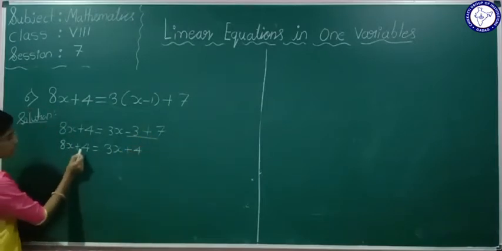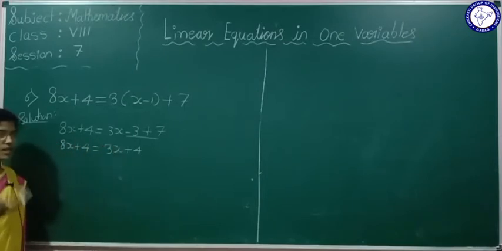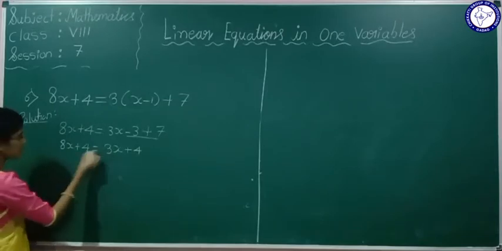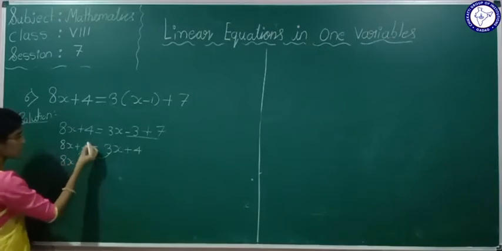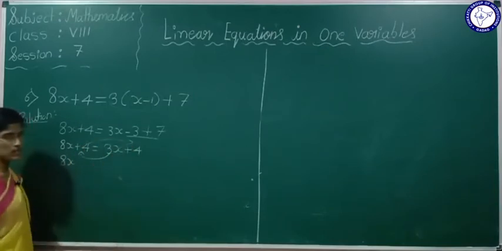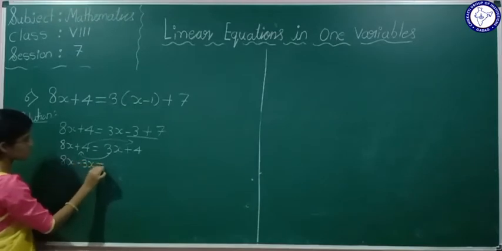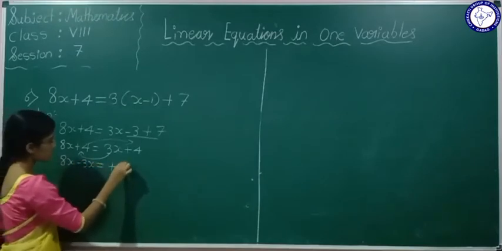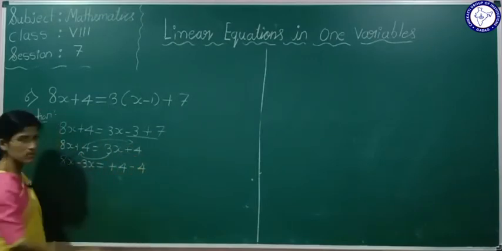Now take variables on one side and the constants on the other side. What will it become? 8x, take this 3x to the LHS and this 4 to the RHS. 8x minus 3x is equal to plus 4. If I take this here, it will become minus 4.